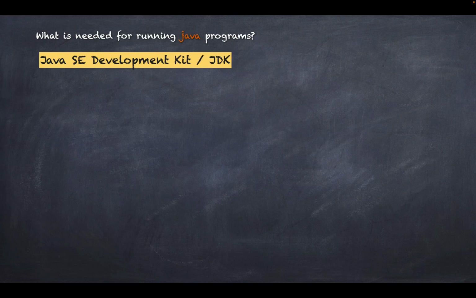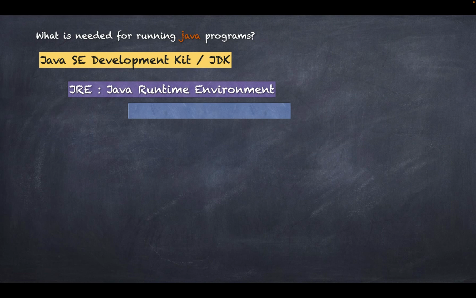The most important tool for running Java programs is the Java SE Development Kit, or for short, JDK. So JDK is actually a kind of platform, a piece of software that includes the Java Runtime Environment, and the Java Runtime Environment also includes an important piece of software called the Java Virtual Machine.